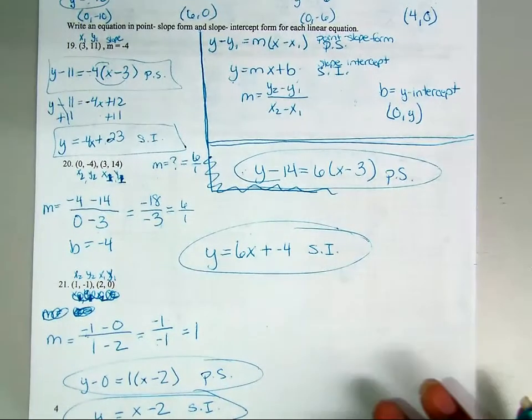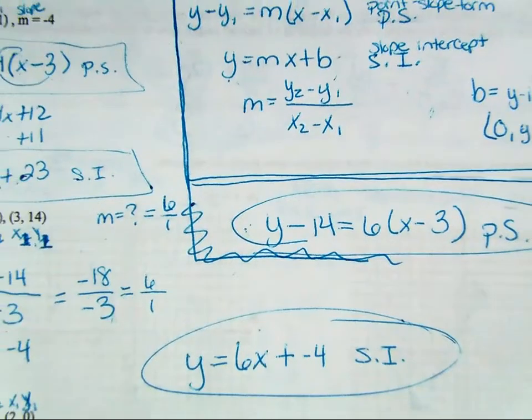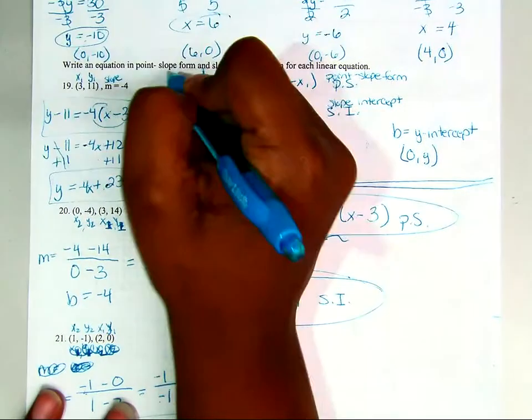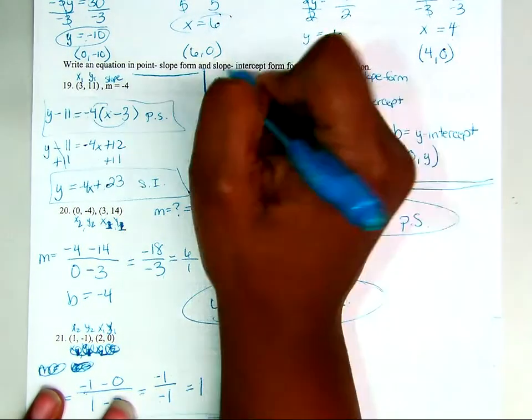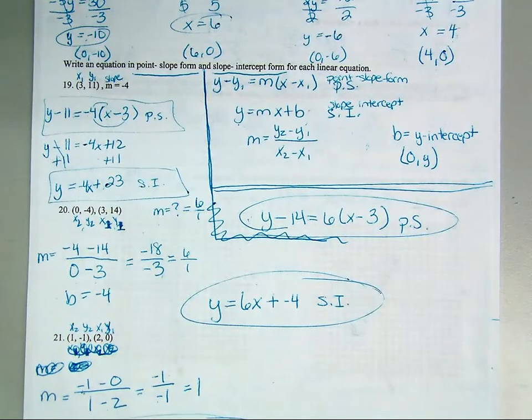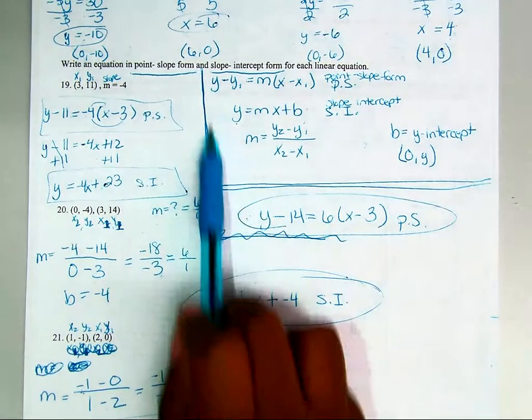Next, it tells me to write an equation in point-slope form and slope-intercept form. So that tells me again, I got two things to do. I should have two answers circled for each problem. Over here, I blocked this off to put down all the information I need.